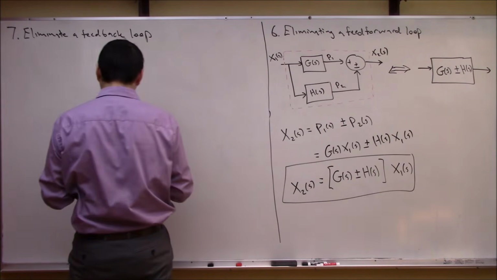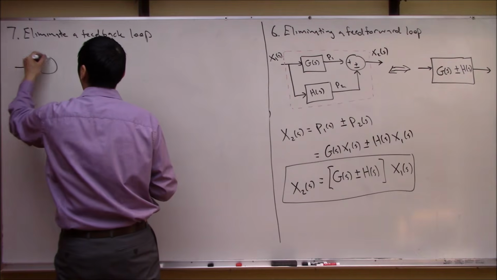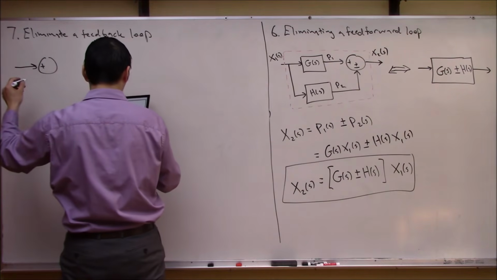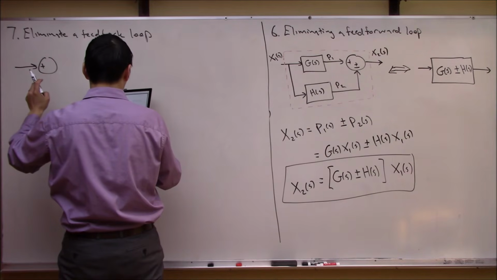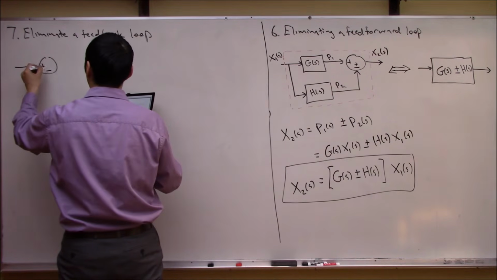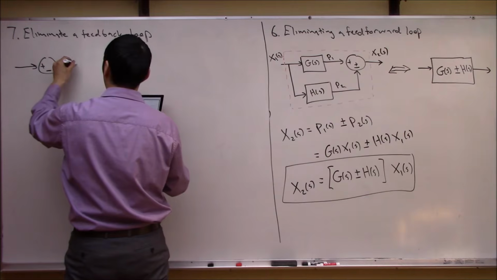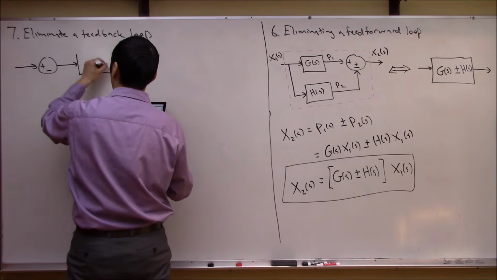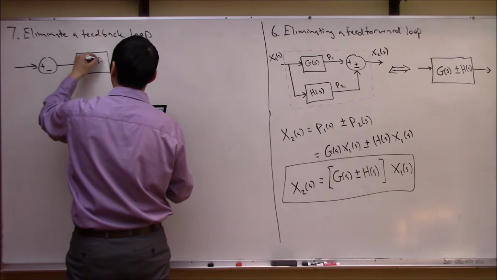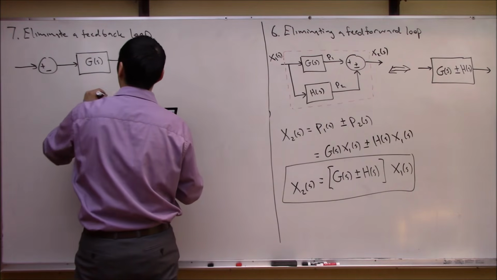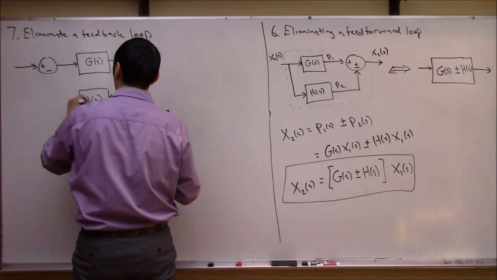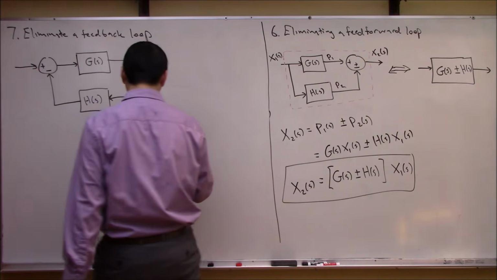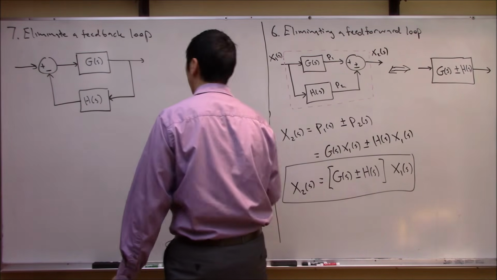Okay, so here's the architecture here. Plus, and again, tell you what, let's keep this thing as your typical standard minus sign here, okay? And I'm going to talk about this again in just a second here. So, okay, you got a g of s, and then you have another potential block here going in like this, okay?